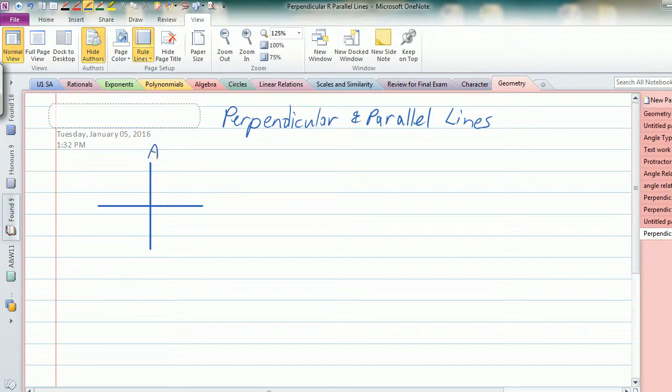So if we have two lines crossing, here we have line AB crossing line CD. These are perpendicular lines.